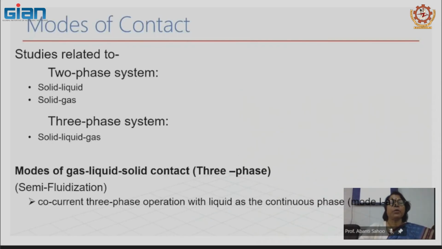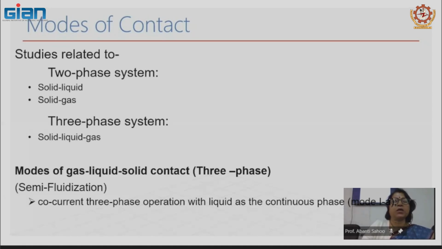Now, we can also categorize these operations into two phase systems or three phase systems. A three phase system example is the semi fluidized bed, where the liquid, solid and the gas, usually air, are there.